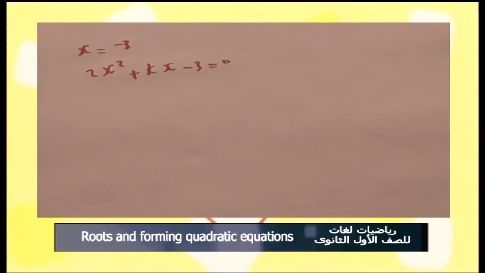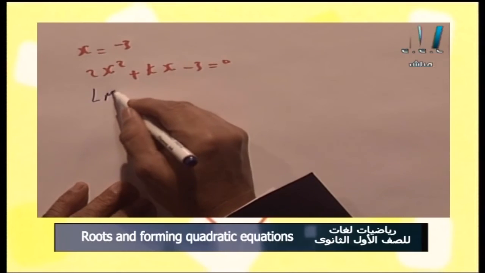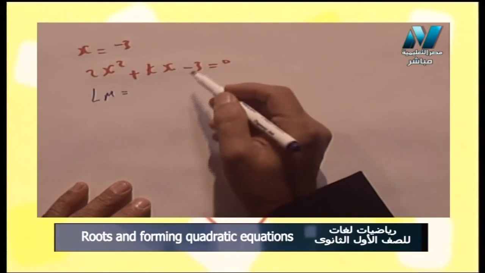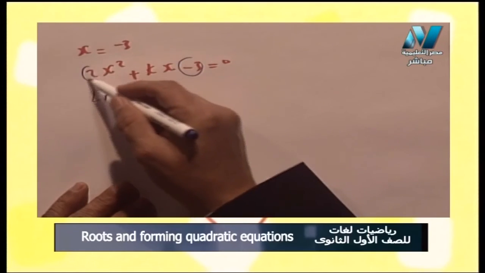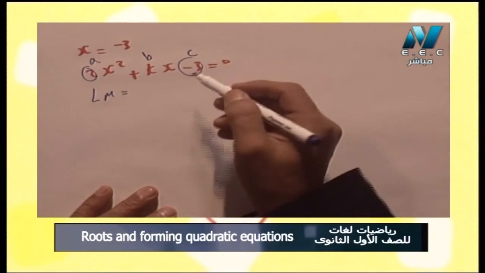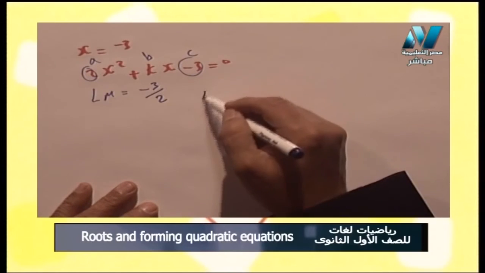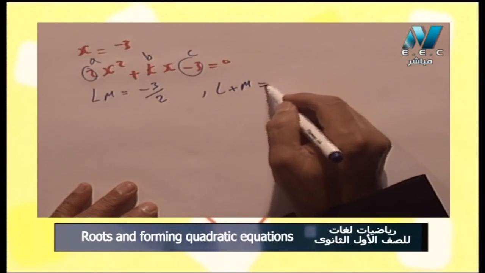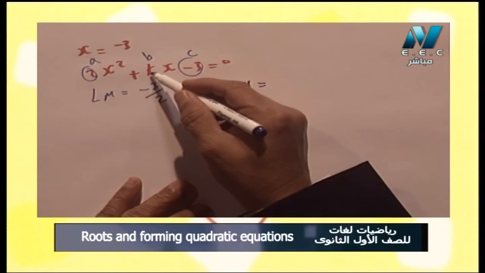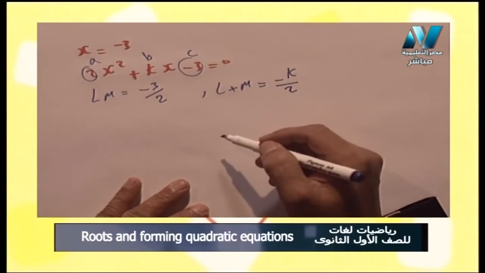We know that the sum of the two roots equals -b over a, and the product equals c over a. So the product L times m equals c over a, where a, b and c are the coefficients. c over a equals -3 over 2, and the sum L + m equals -b over a, which is -k over 2.